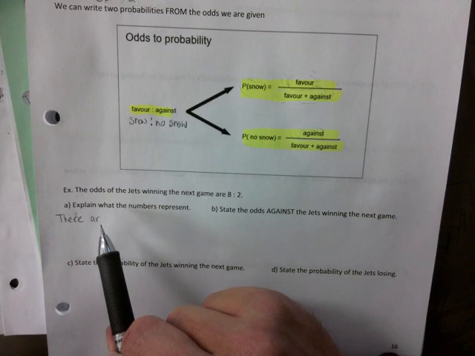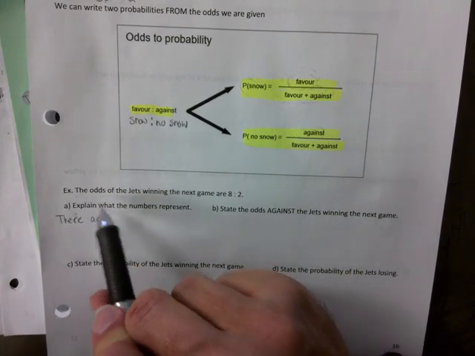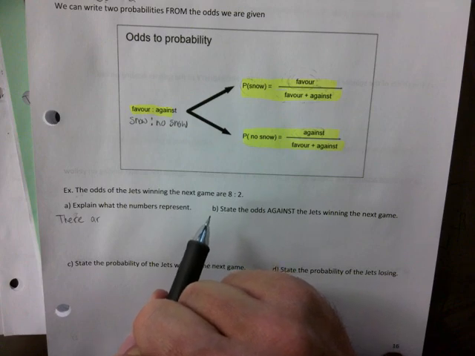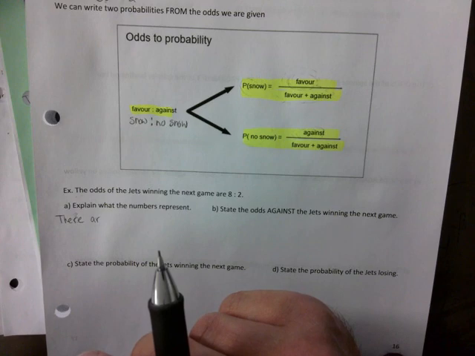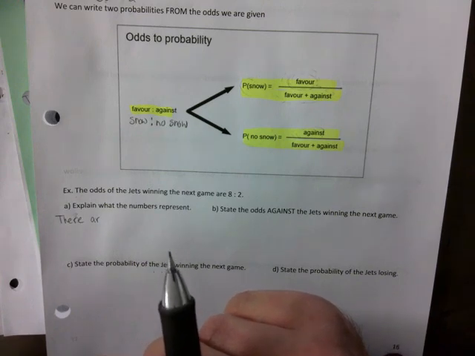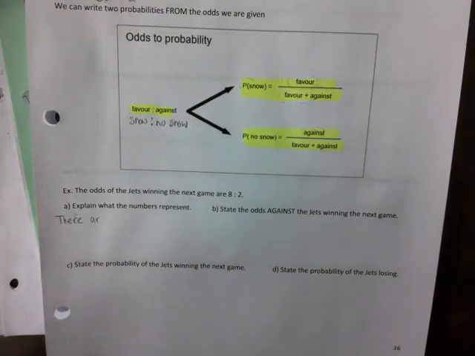So let's say there are 10 games, but we're thinking of the odds of the Jets winning the next game are 8-2. So we can say that if we repeated the next game, they'd win 8 out of the total 10 games.